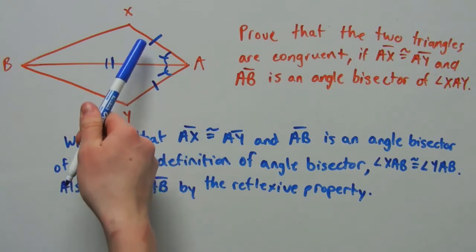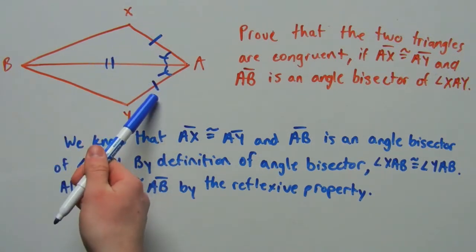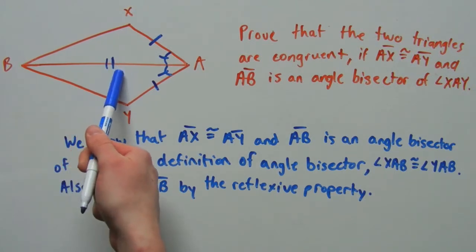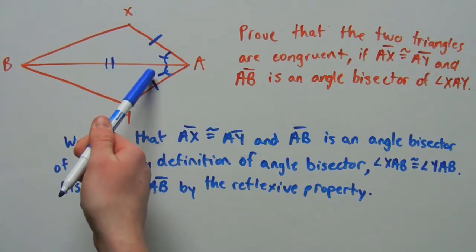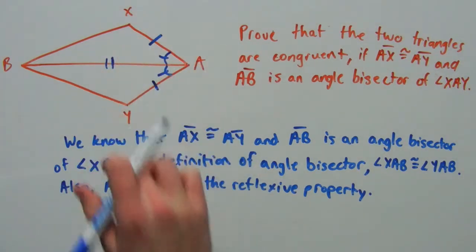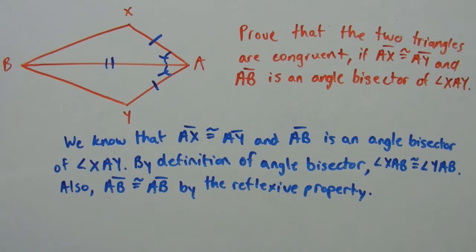Now we have that one side is congruent to another side, a second side is congruent to a second side, and the included angle, so the angle between those two sides, is also congruent.